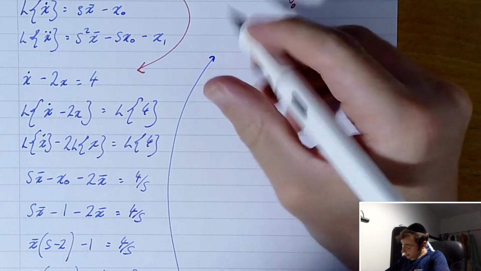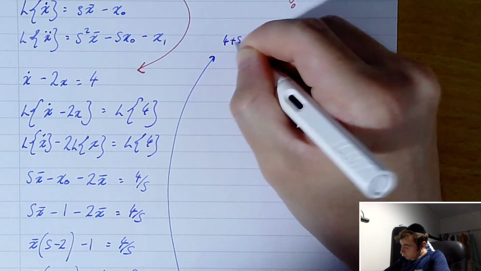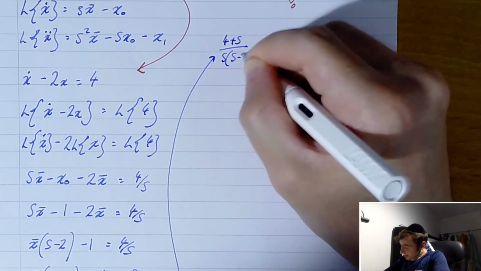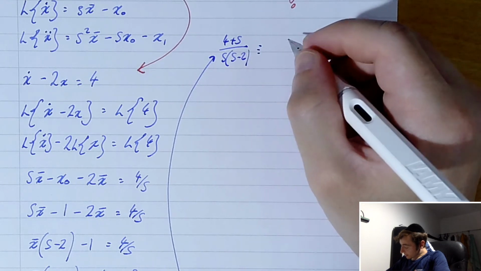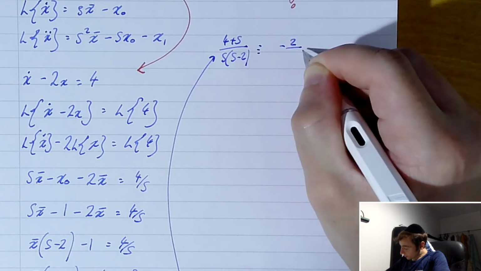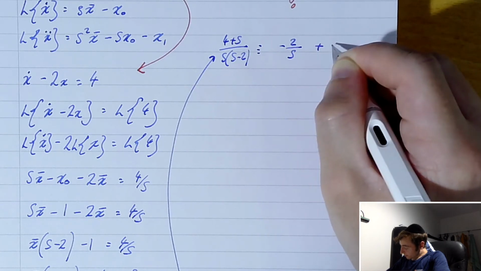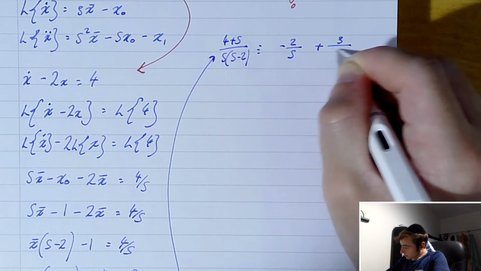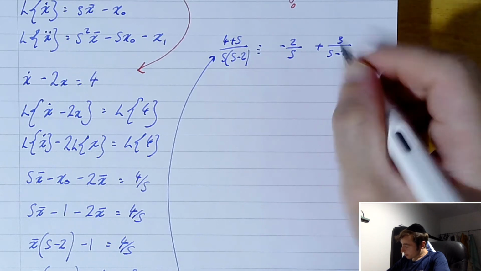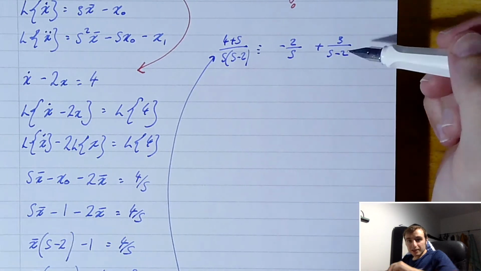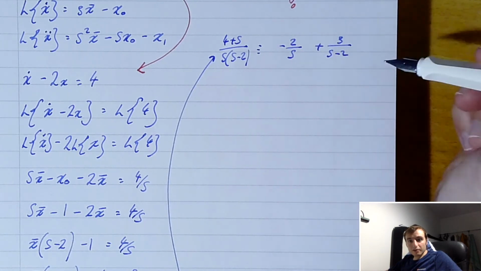We can say then that (4 plus s) on s(s minus 2) is identical to minus 2 on s plus 3 on s minus 2. Now I've just got that in a nice partial fraction form.